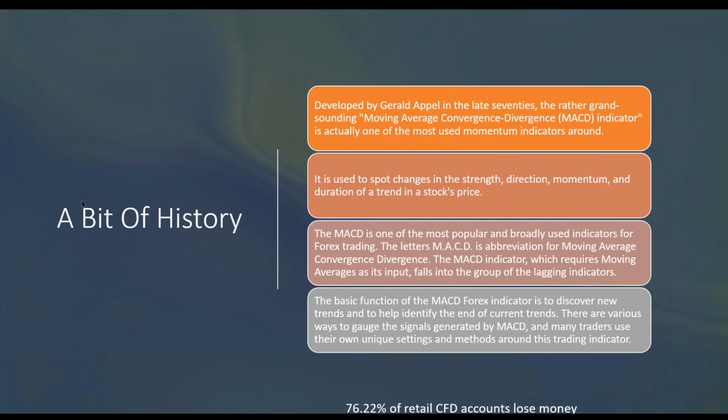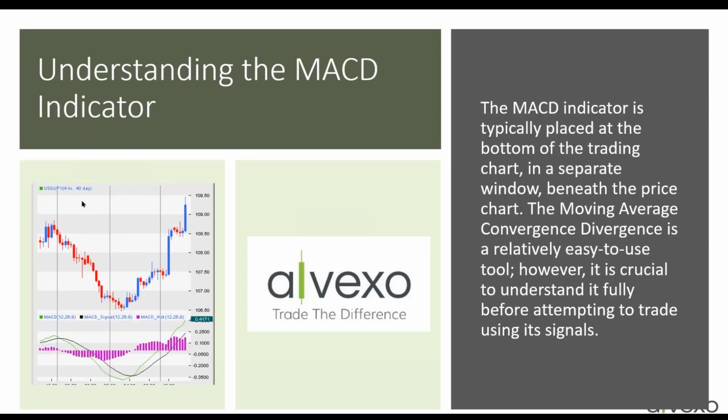Now, MACD gives us many different types of information, many different signals, not trading, but pieces of information. The MACD indicator is typically placed at the bottom of the trading chart in a separate window underneath the price. The Moving Average Convergence and Divergence is relatively an easy to use tool.